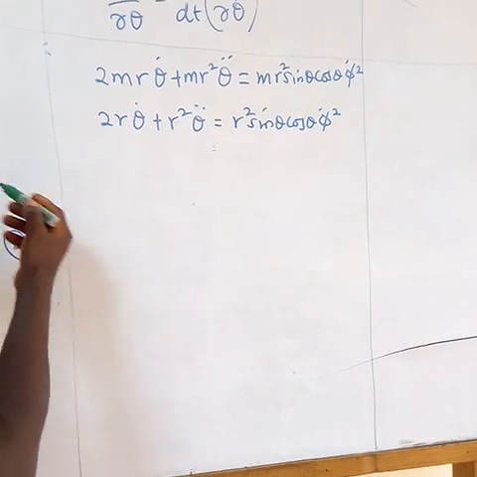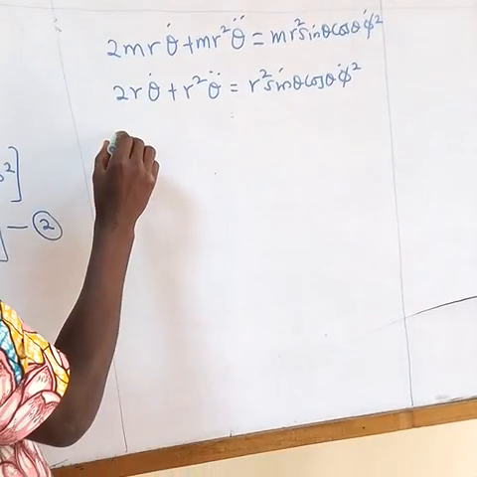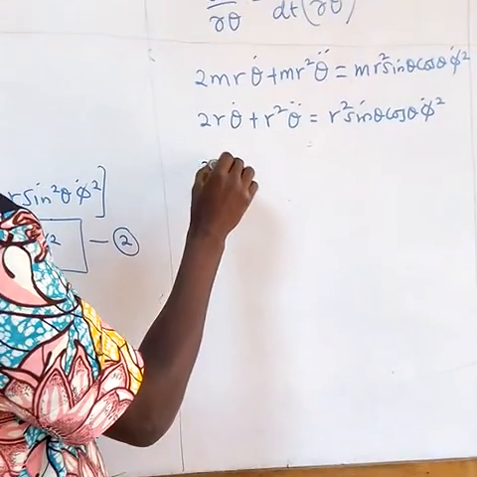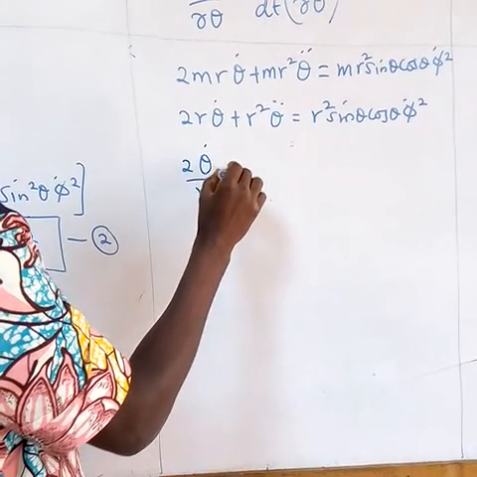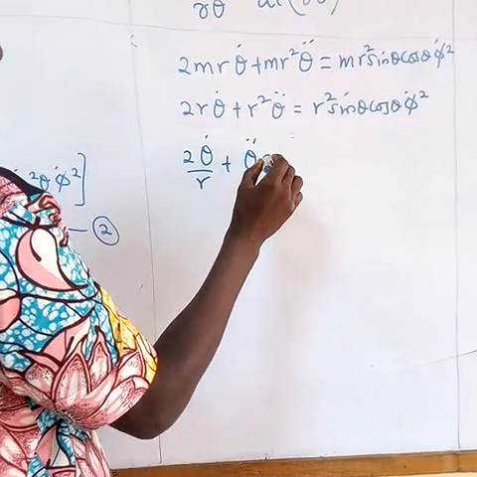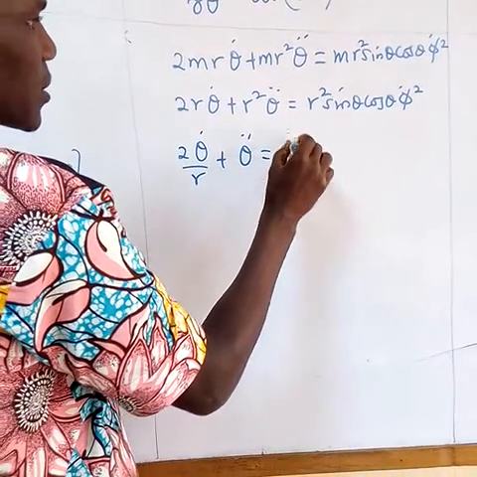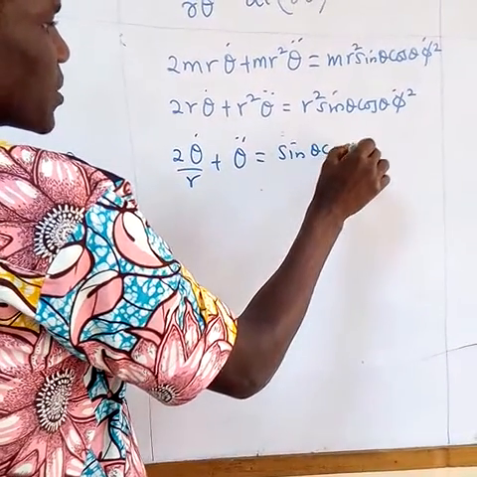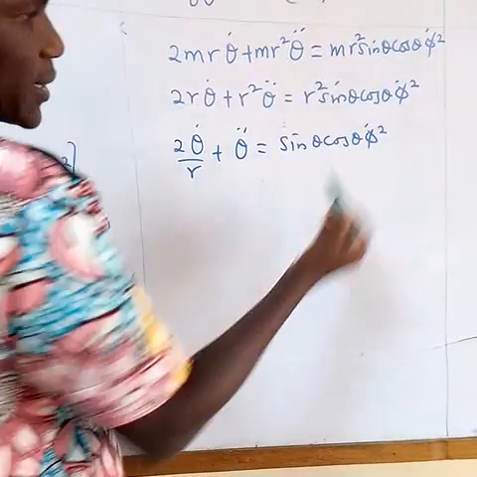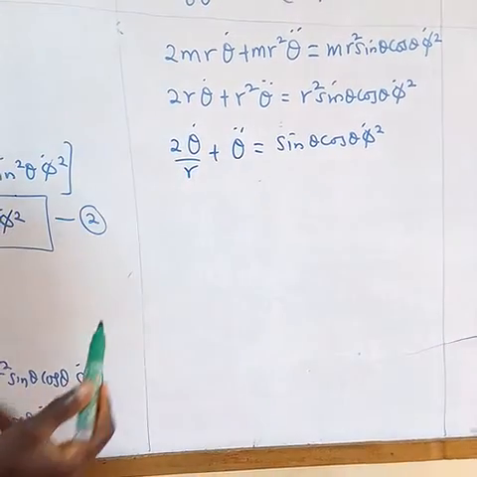So we can also divide by r squared. So we are going to have 2 theta dot against r plus theta double dot is equal to sine theta cos theta phi dot squared, if we divide all through by r squared.